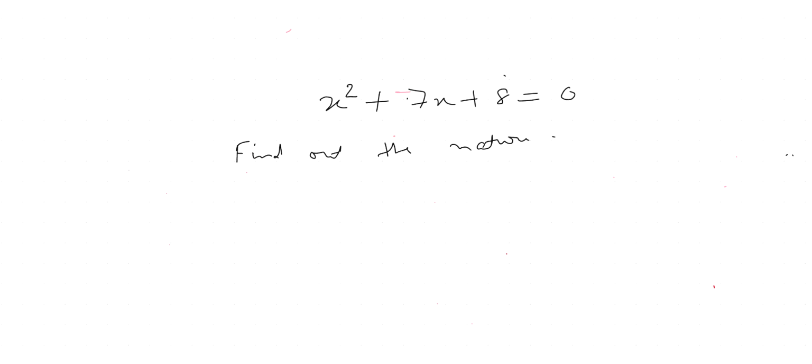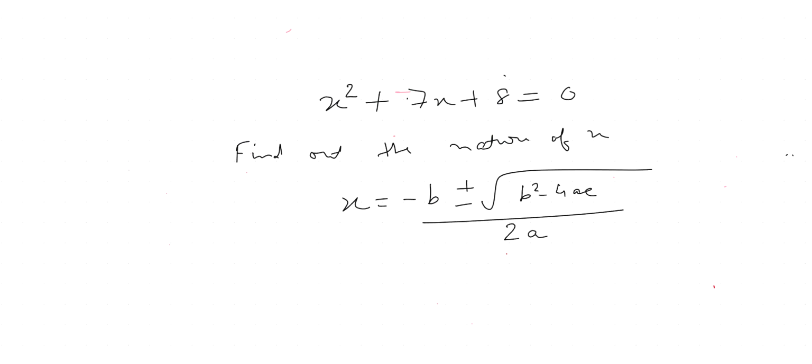If I go to the formula first, x is equal to minus b plus minus root of b square minus 4ac by 2a. Now compare this equation x square plus 7x plus 8 with the general format ax square plus bx plus c. Here you will end up getting b as 7. B square will therefore be 49 minus 4 into 1 into 8, all upon 2 into 1.